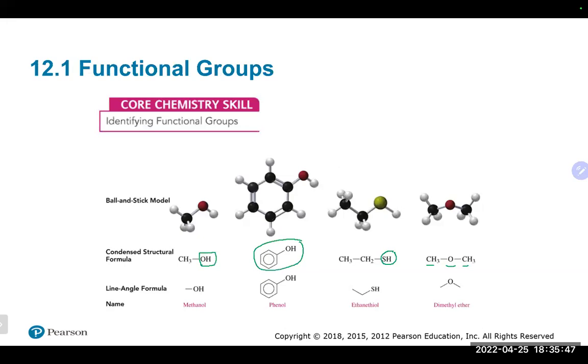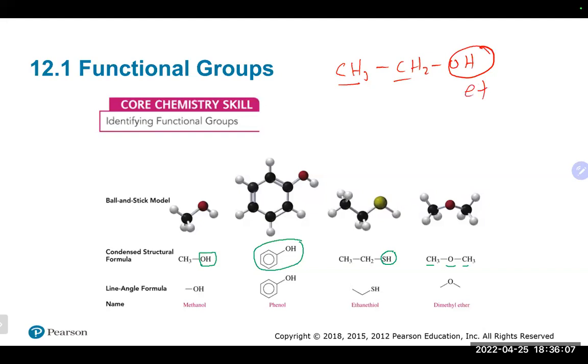So let's talk a little bit about alcohols. We could also do our normal condensed structure, and we could also do our line structure as well. So if you had something like CH3CH2OH, that is 2 carbons with an OH group. 2 carbons is ethane.